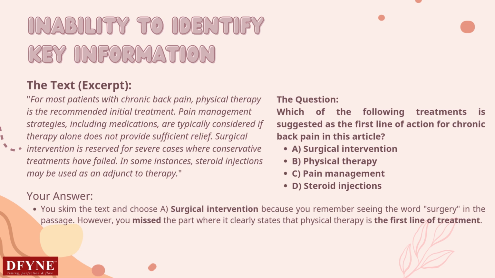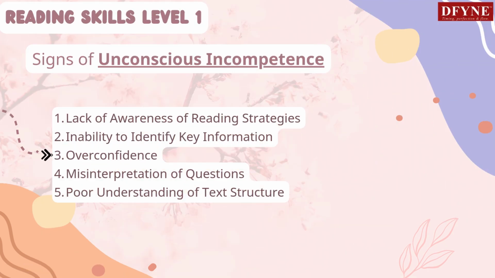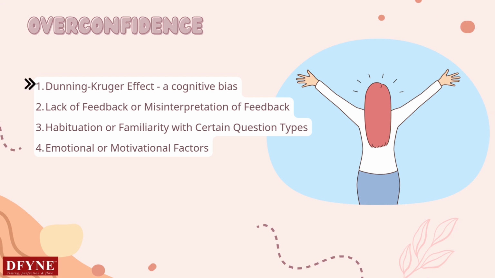Let's look at the next one. People who are overconfident generally tend to believe that their reading comprehension is good, even when they consistently answer questions incorrectly. This has a few reasons behind it. There's a cognitive bias called the Dunning-Kruger effect, which occurs when individuals with low ability in a particular area overestimate their competence.